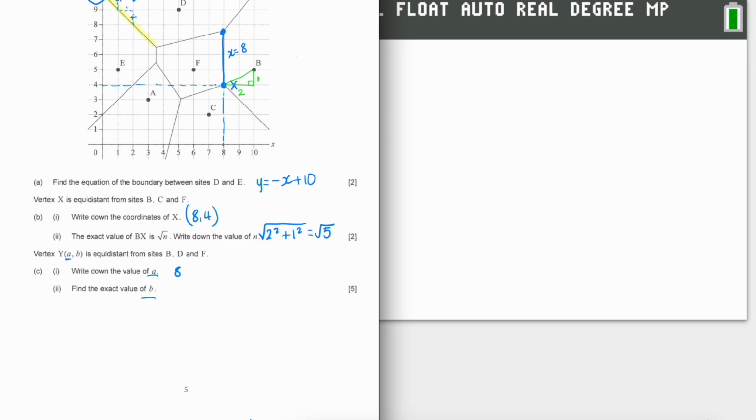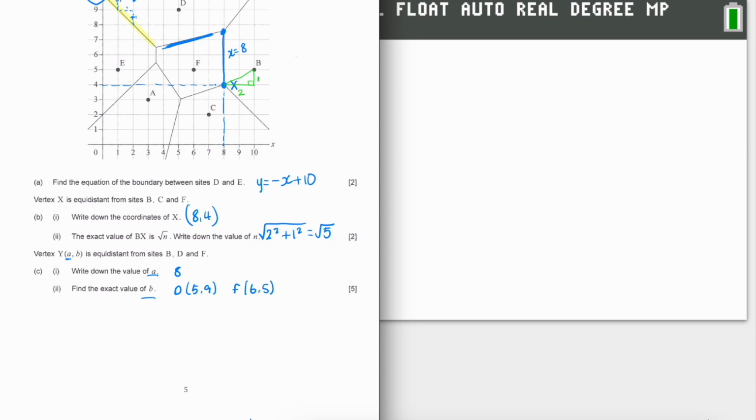So to find it, we're going to need to know either the equation of this line or the equation of this line. So if I take the equation of this line here, coordinate D is 5, 9, and coordinate F is 6, 5. So I can see that from the top of the question or from just reading it off my chart.